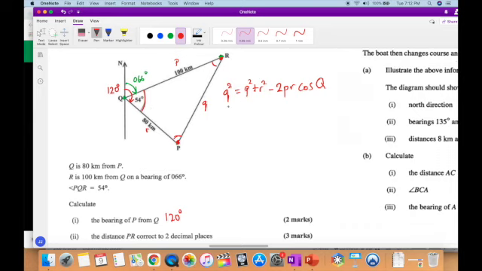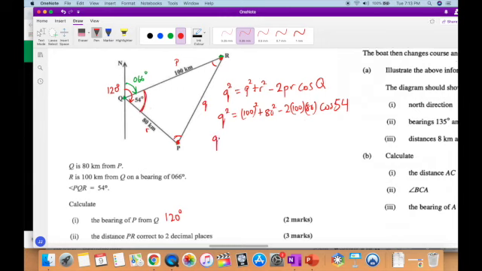Alright, so now we can find Q squared. Q squared is equal to 100 squared plus 80 squared minus 2 into 100 times 80 times the cos of 54. 54 is this angle here.